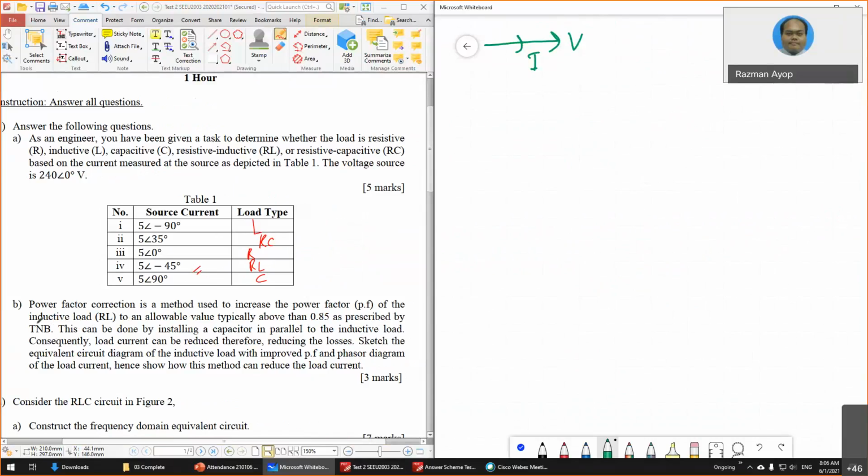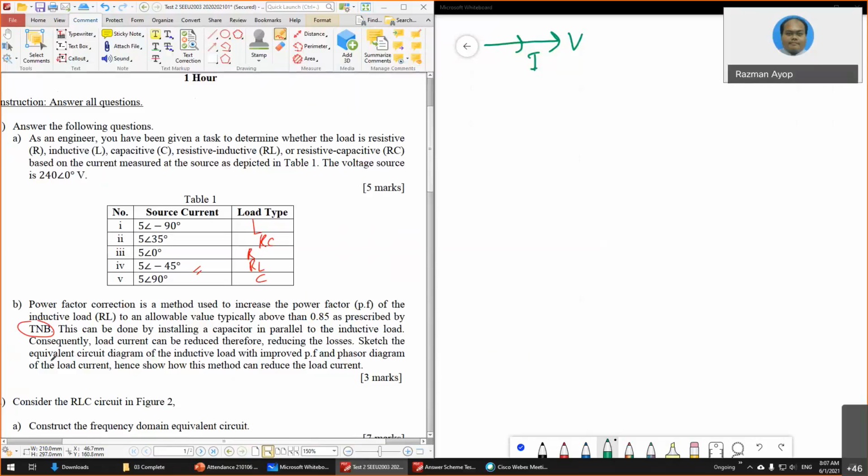This is a supplier in Malaysia. This is done by installing a capacitor in parallel to the inductive load, and the load current can be reduced, therefore reducing the losses.